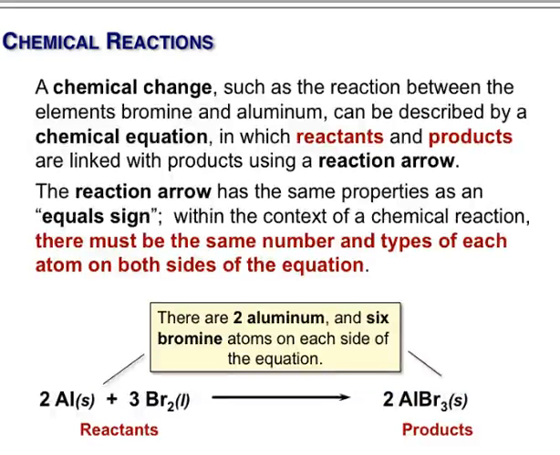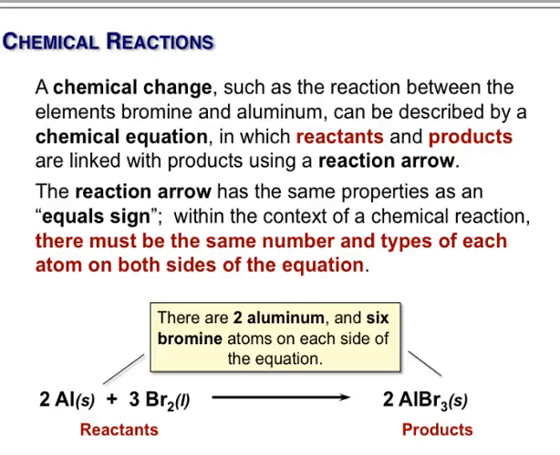It has the same properties as an equal sign in mathematics. And what that means is that there must be the same numbers and types of each atoms on both sides of the equation. We also will see there must be the same mass on both sides of the equation.